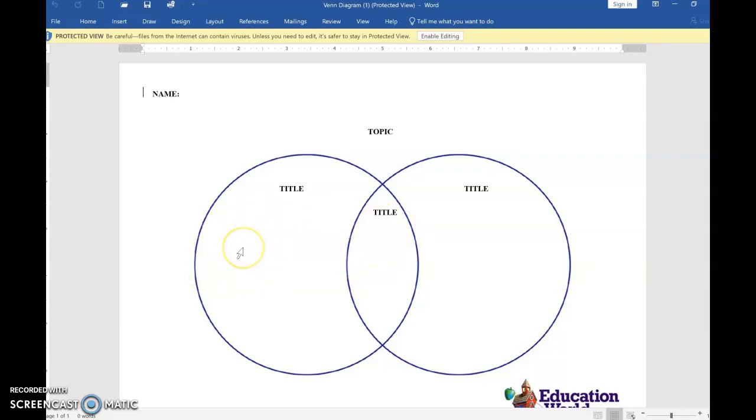In the first circle where it doesn't overlap, that's where you would put things unique to the Jumping Frog of Calaveras County. And then in the second circle over here, you would put things that are unique to The War Prayer. So, for example, one thing that is unique to the Jumping Frog of Calaveras County is that it's a framed narrative. In other words, it's a story within a story.